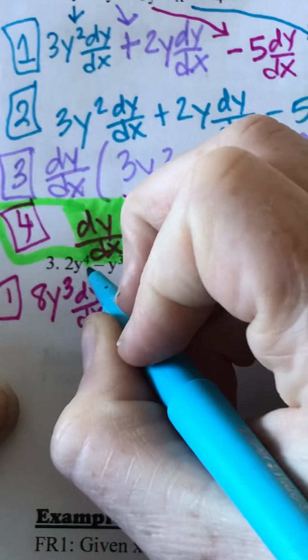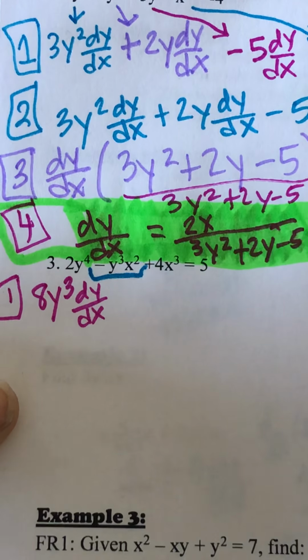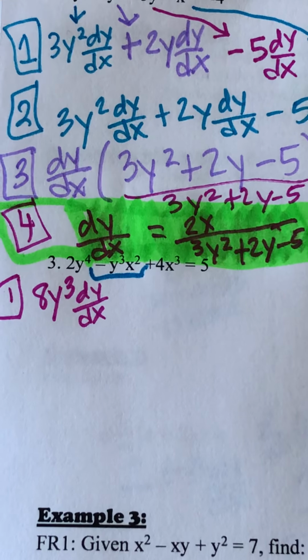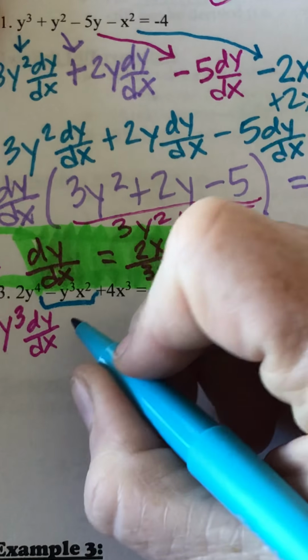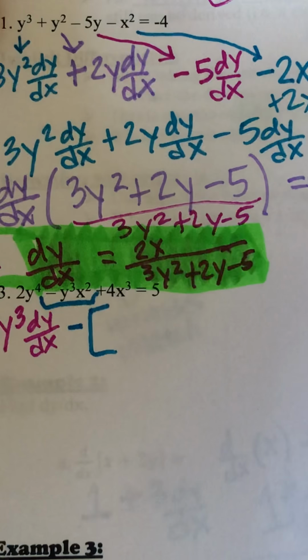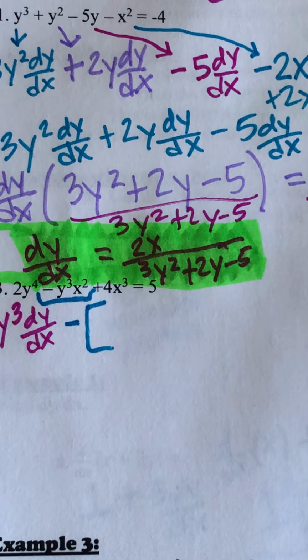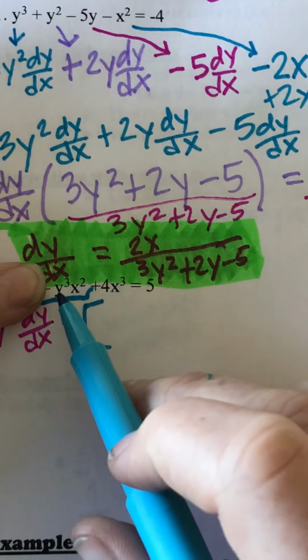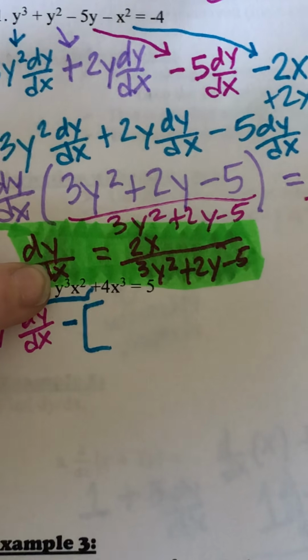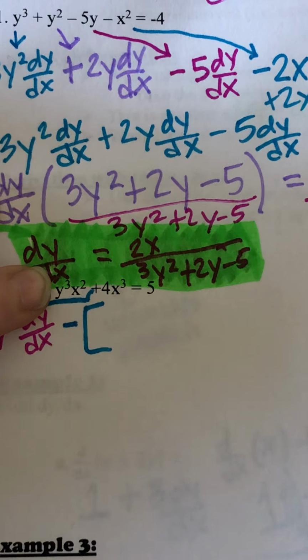Minus. Now this is a product rule. So what I'm going to do is put the minus and a bracket and take the product, and then I'll have to distribute that minus. So now I'm just caring about y to the third x squared. So that's front d back.